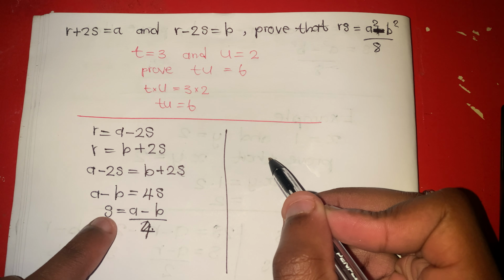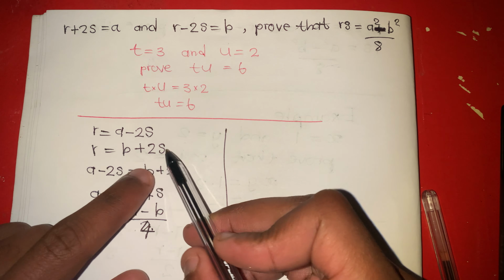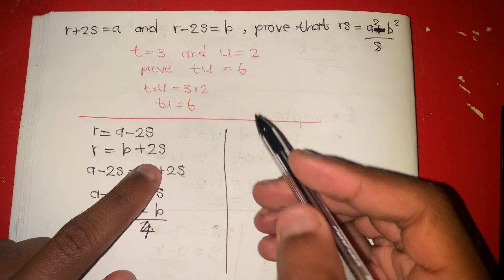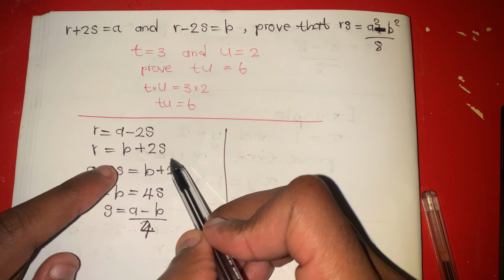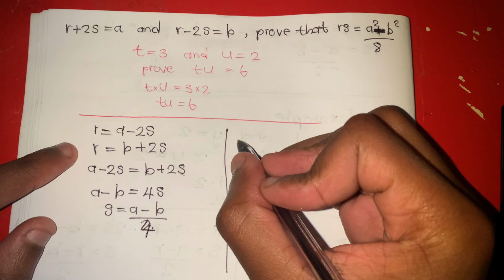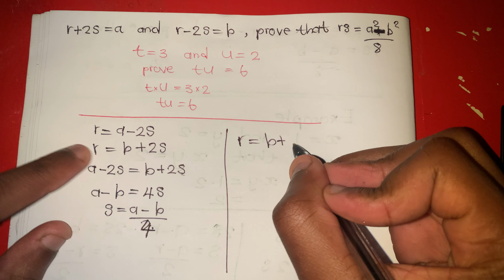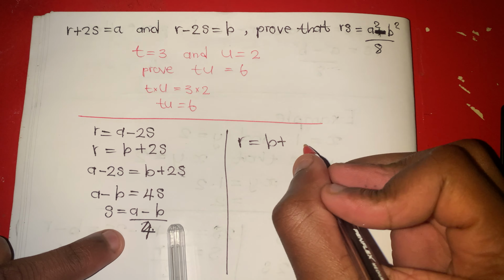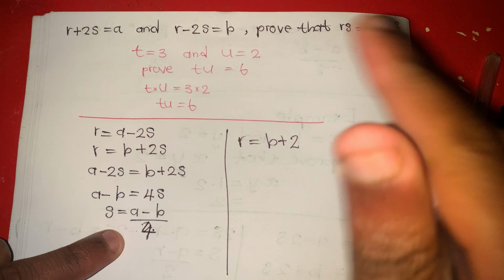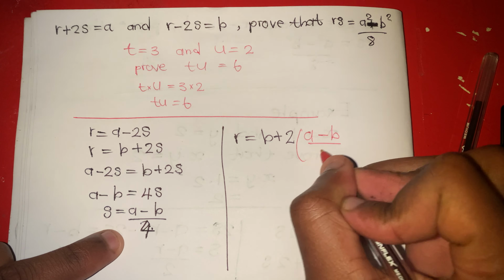So wherever there is s, we can substitute this value. And where there is s is here or here. You can choose. So I'm going to choose the second one so that I work with positive values. So r is equal to b plus, where there is s, you substitute a minus b over 4.